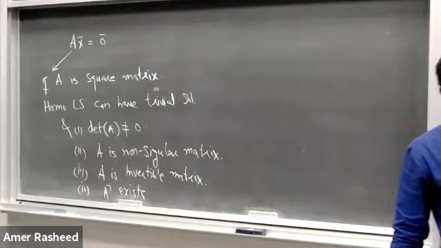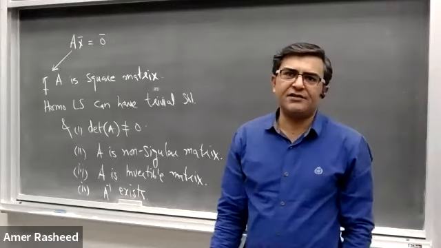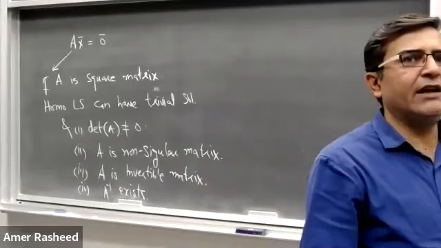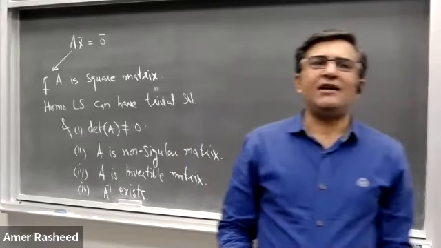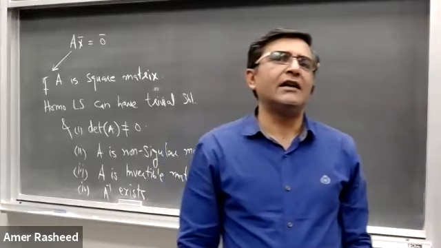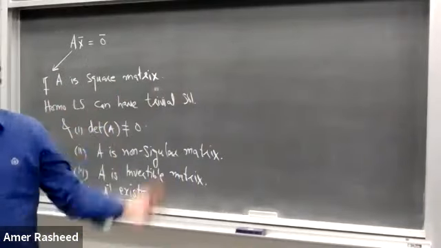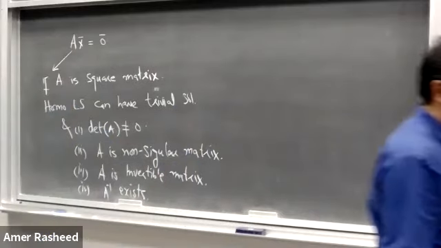If the determinant of any particular square matrix is non-zero, then it must be invertible. If a matrix is invertible, then we can say that that matrix is non-singular, or that the inverse of that matrix exists. These are all in fact the same.